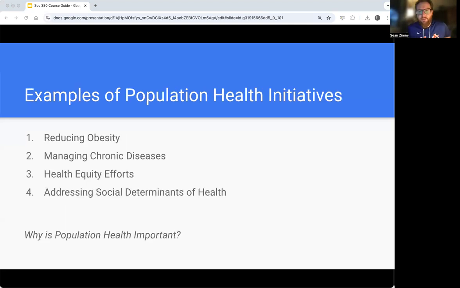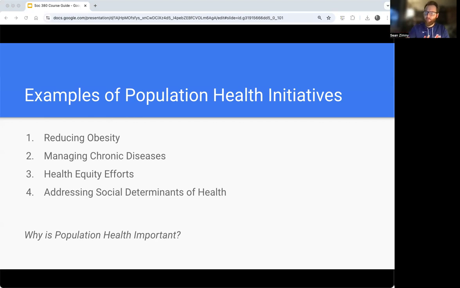Couple of examples of population health initiatives. Reducing obesity, so maybe implementing school-based nutrition programs and creating walkable community spaces. Managing chronic diseases, so providing coordinated care for diabetic patients, focusing on diet, medication adherence, regular screenings, preventative care. Health equity efforts, so expanding access to healthcare in underserved rural areas through things like telemedicine, right?